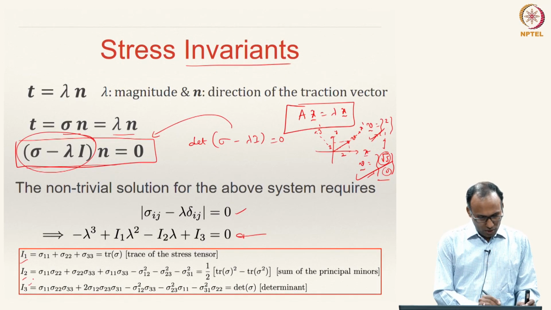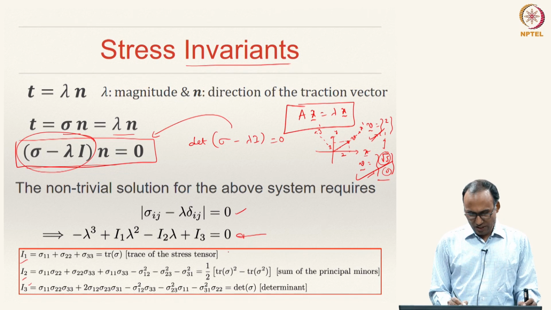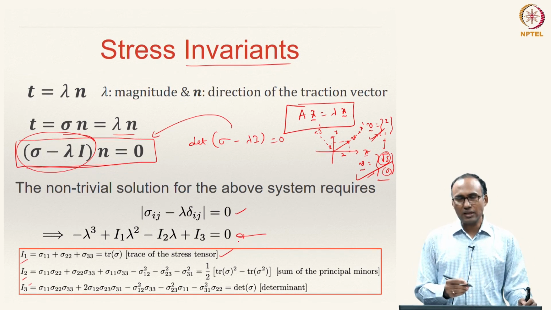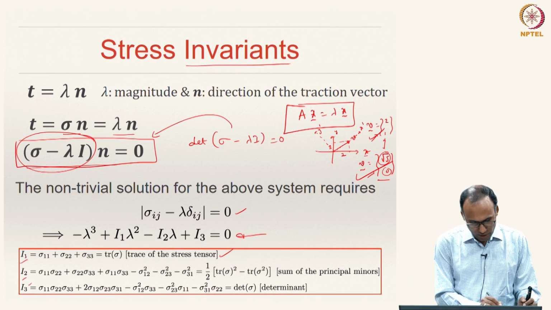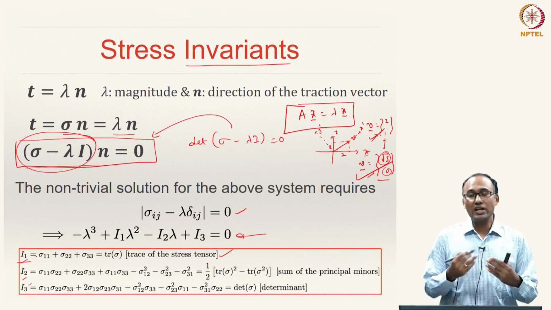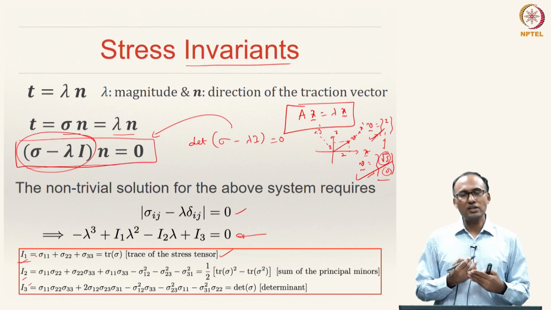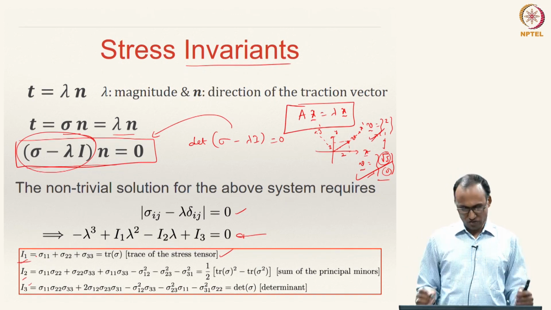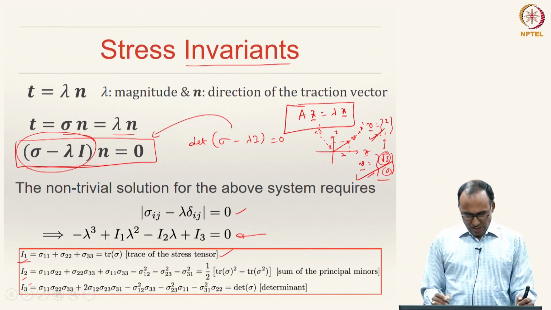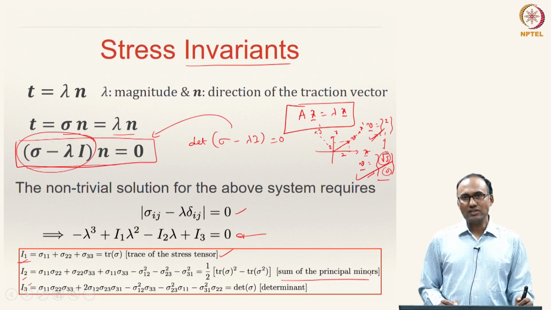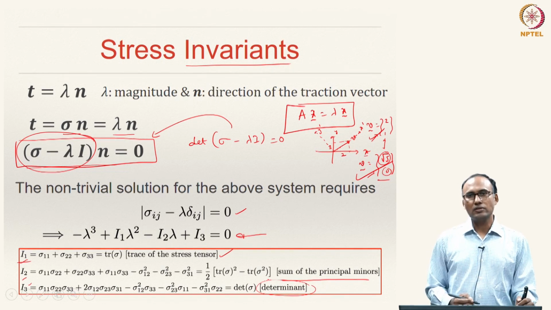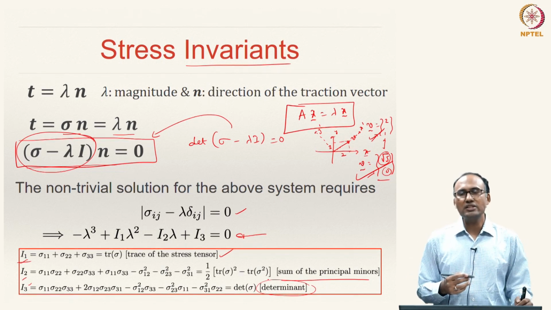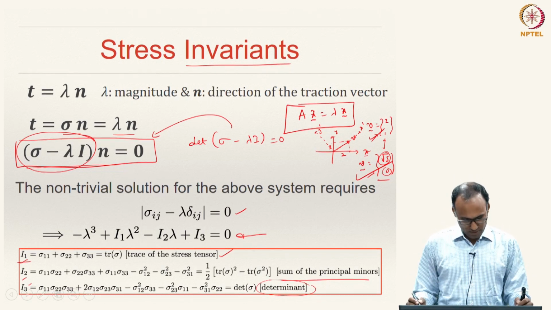I1 is the trace of your stress tensor, which is the sum of the elements on the diagonal, and is called the first invariant. So the trace of the tensor does not change by coordinate transformation. The second invariant is the sum of the principal minors, and the third invariant is the determinant of the tensor. These three do not change under coordinate transformation.